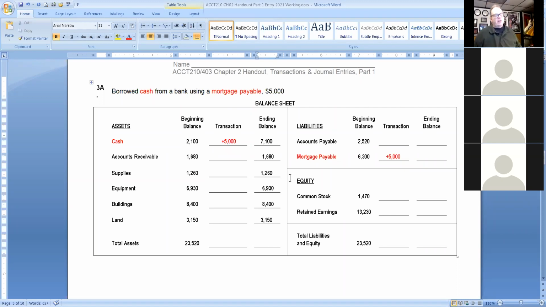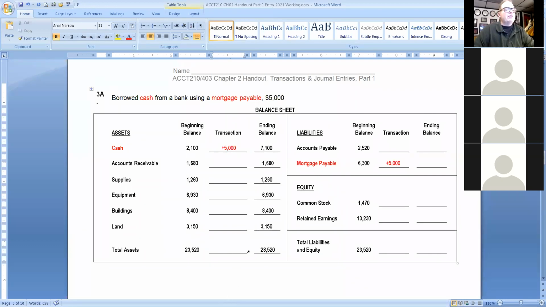It's probably 28,520, but let me make sure that it's the right number. And by the way, the reason I just typed that in is because we added 5,000. If you're going to come down here and say, okay, plus 5,000, that's probably going to confuse people, but that's not really the transaction. But if this was added as 5,000, you would just add that in.